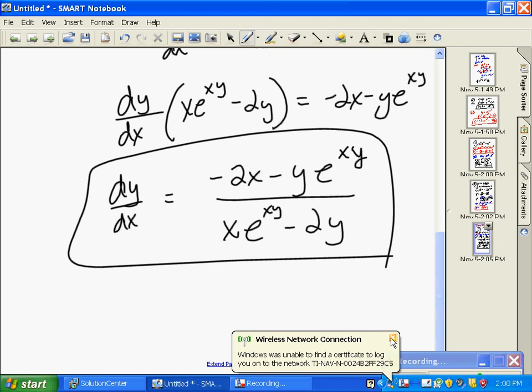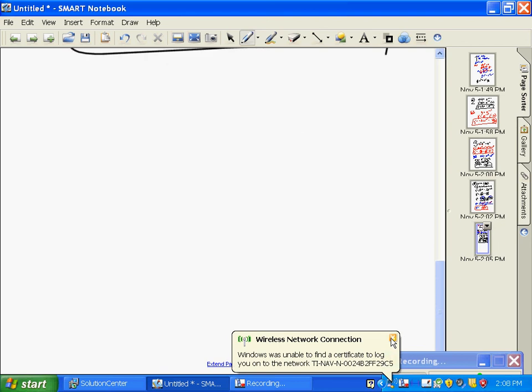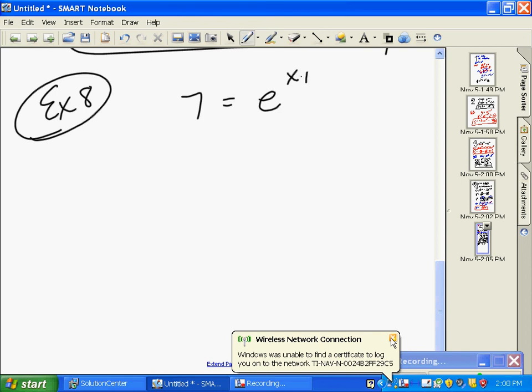Alrighty then. The last two, I just want to go through those. Just a pre-calc review. We must be using these later on either in this section or the next section. If I have 7 equal to e to the x plus 1, do you remember how you solve for x? Maybe?